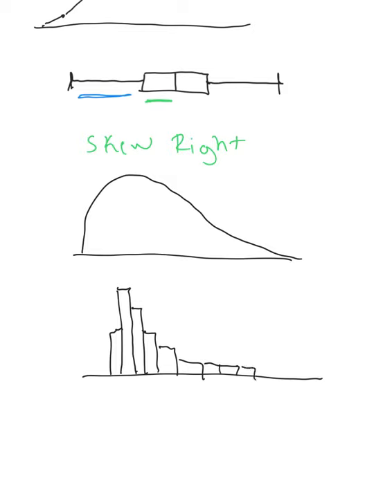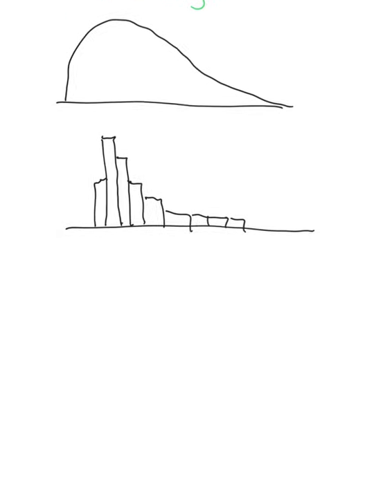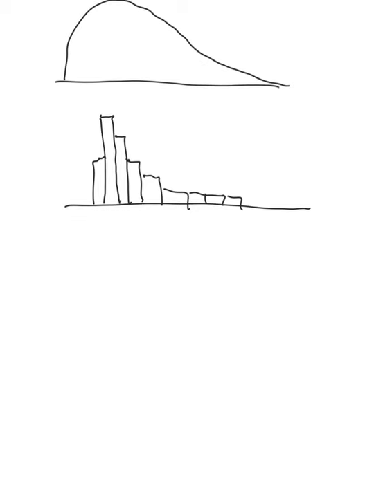This would be a skew right histogram. Well, what about our scatter plot, right? Our scatter plot indicates there needs to be a lot of numbers on the right.